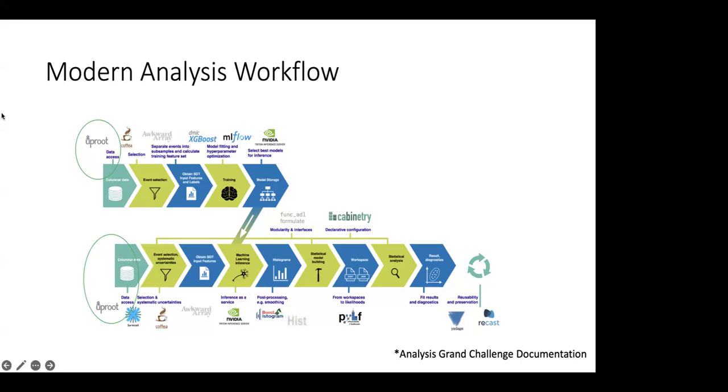So if you look at the chain of steps in the first row, which says that you have a data set and you access the data set. And as we have seen that to do that, we can use uproot. Yesterday, we saw that we can use uproot to access the data.